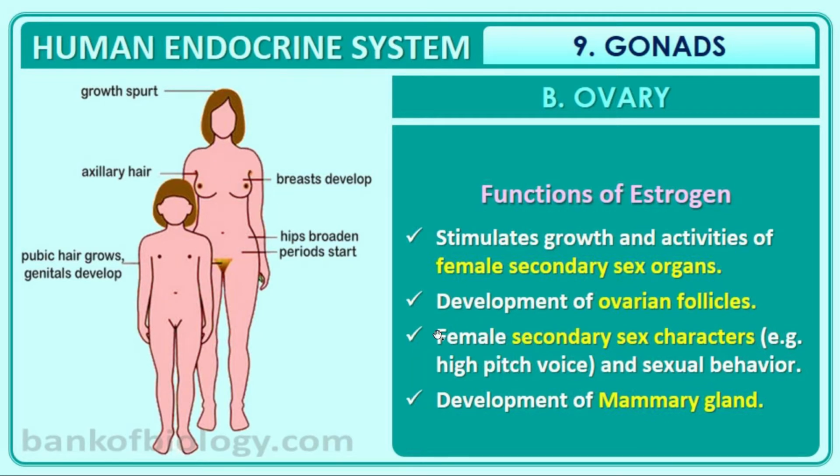Development of the ovarian follicle. Growth and activities of female secondary sex organs, development of ovarian follicles, female secondary sex characters, for example, high pitch voice and sexual behavior, development of mammary gland. All these are functions of estrogen. Estrogen is secreted by the ovarian follicle.